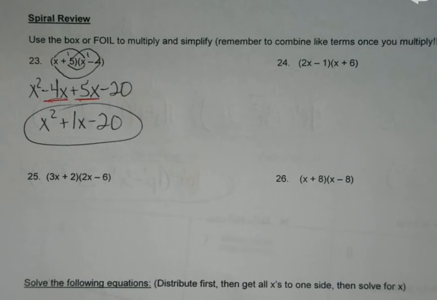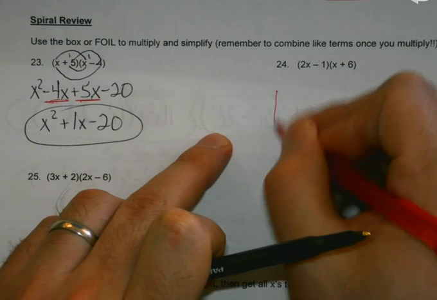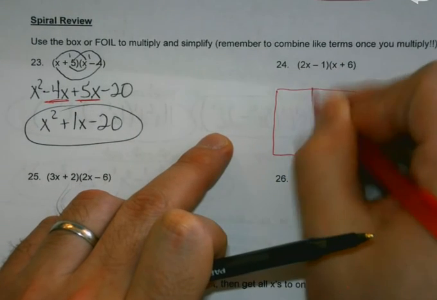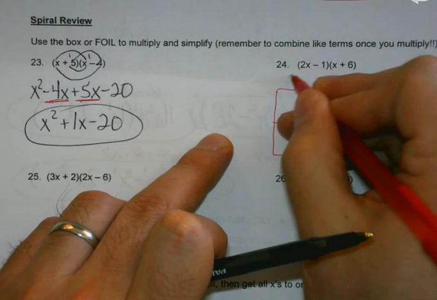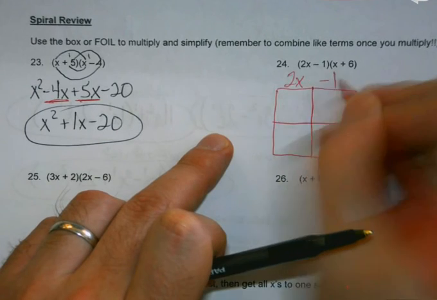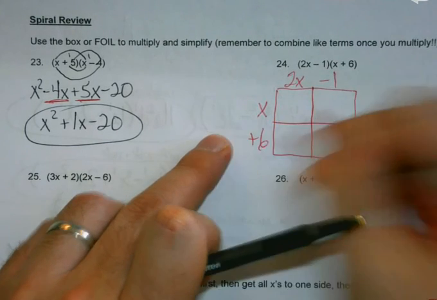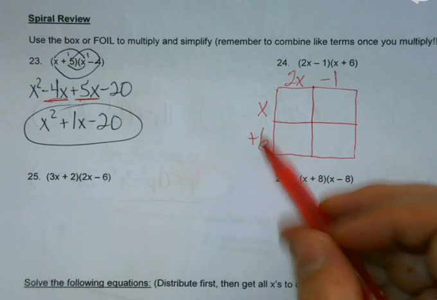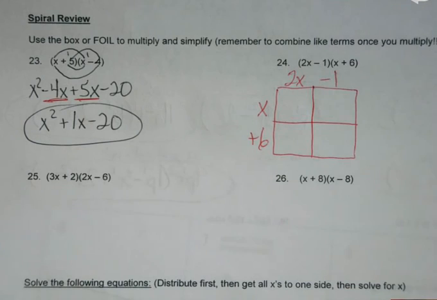Now, if you like the box way better, okay, we'll do that on 24. If you like the visual organization that the box can do for you, then this is what we do. And it doesn't matter which side I put these on. If you put 2x minus 1 down the side and x plus 6 across the top, that's okay.